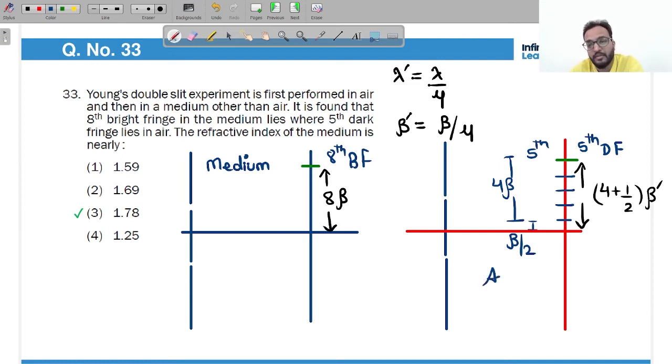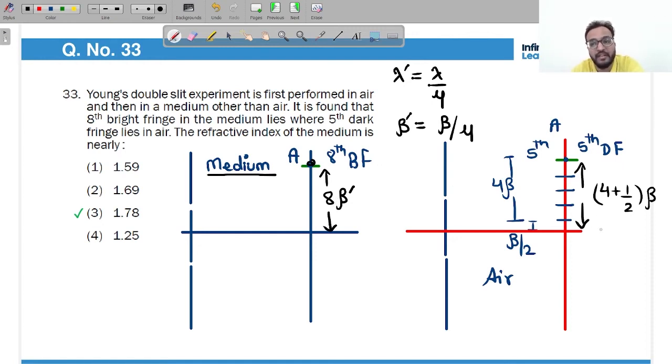Now what we will do, we will say in the air, the same spot A is the fifth dark fringe, but the same spot A is the eighth bright fringe in the medium. So what is the height of the eighth bright fringe? You will say 8 beta dash. But what is the height of the fifth dark fringe?